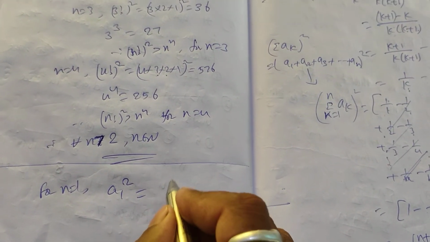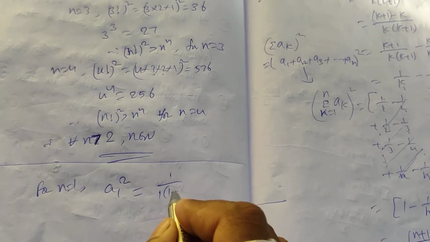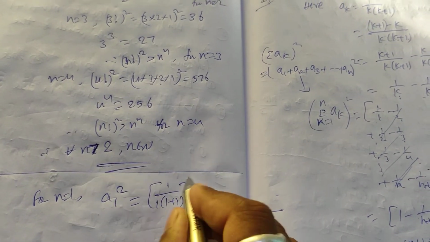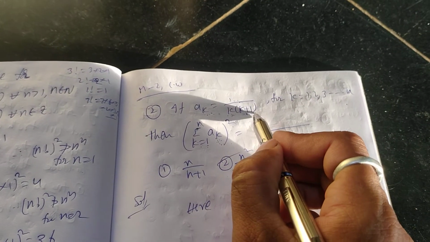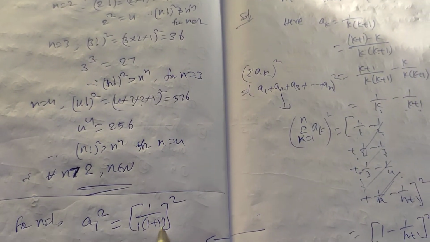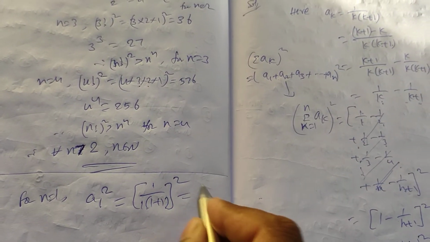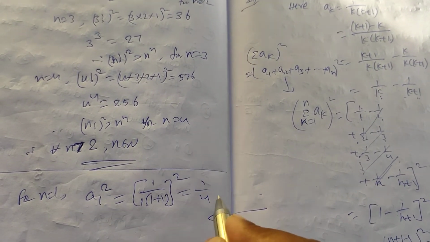So a1 square is nothing but 1 by 1 into 1 plus 1, whole square, because ak is equal to 1 by k into k plus 1. So a1 means 1 by 1 plus 1 whole square, this is what you want. This is nothing but 1 by 2 square, that is 1 by 4.